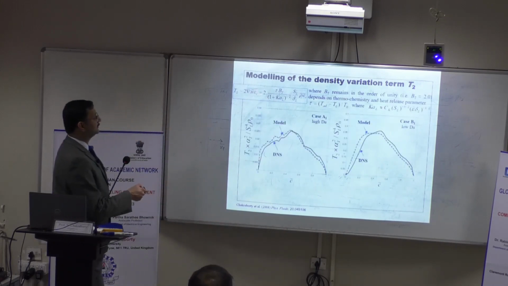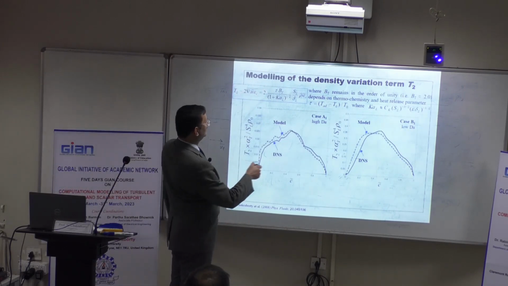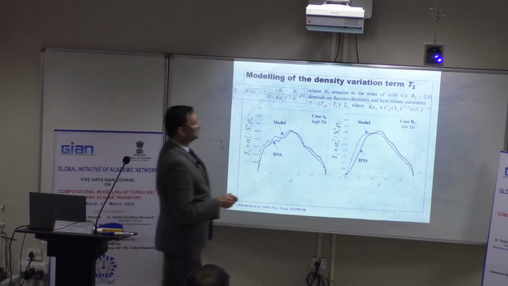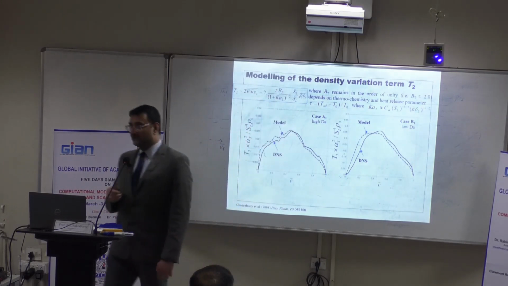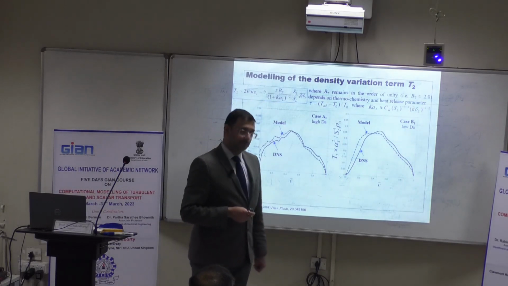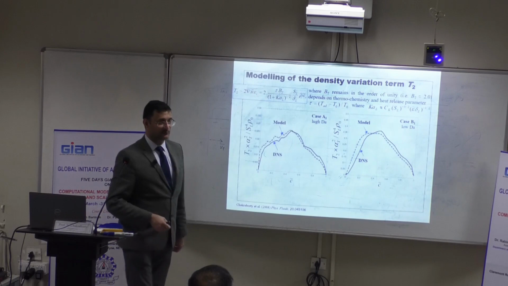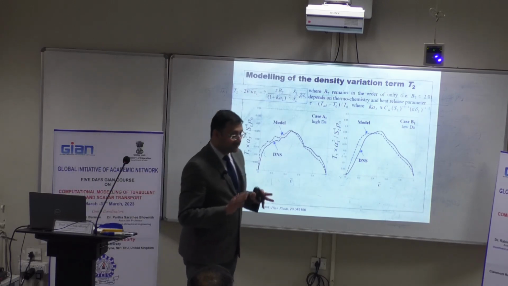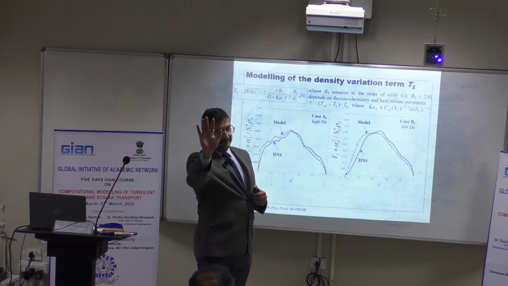Based on some scaling argument, the T2, the density variation term, is modeled in this form. We talked about something called Karlovitz number. Just to remind you, it gives you the measure of chemical time scale to Kolmogorov time scale. If Karlovitz number is much, much larger than 1, at least in principle, you are going from the reacting to the non-reacting unit.